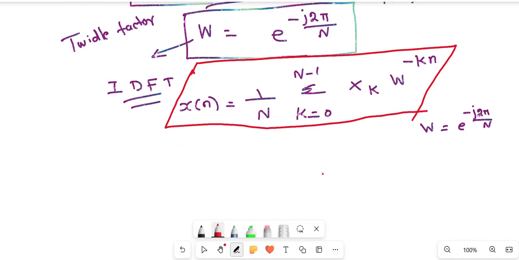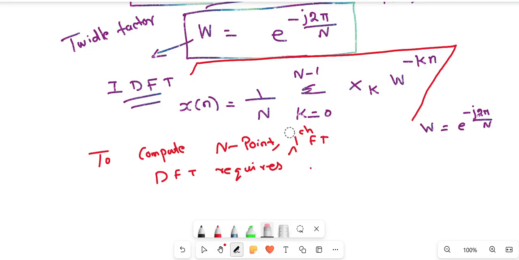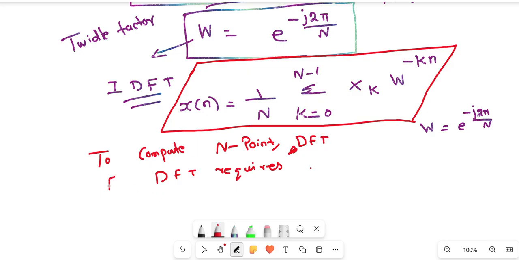To compute an N-point DFT, each DFT value requires N multiplications and N minus 1 additions.